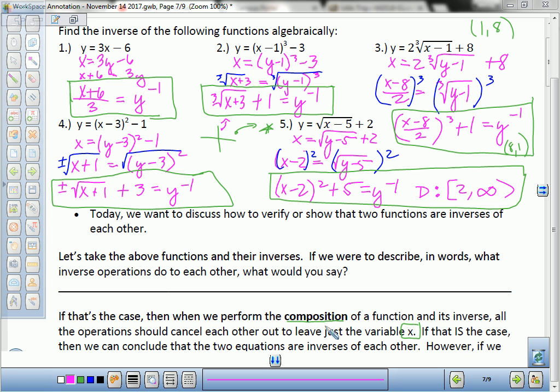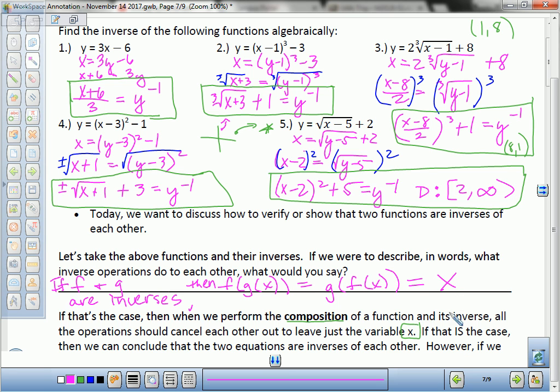And the cool thing about using composition is normally when we compose f with g and g with f, we do not get the same thing, do we? But if f and g are inverses of one another, then, this is an if-then statement, which is a conditional statement from geometry, the composition of f with g and g with f always equals x.